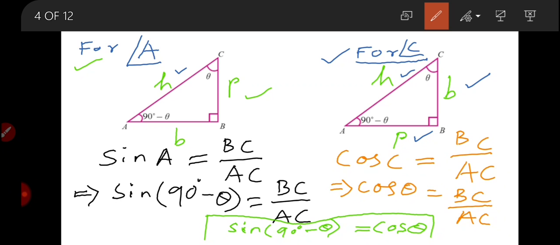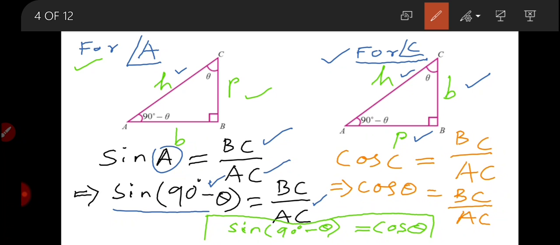So, sin A is equal to what? You know, sin A equals P by H. Here P is BC and H is your AC, and angle A is 90 degrees minus theta. So sin of 90 degrees minus theta is equal to BC by AC.